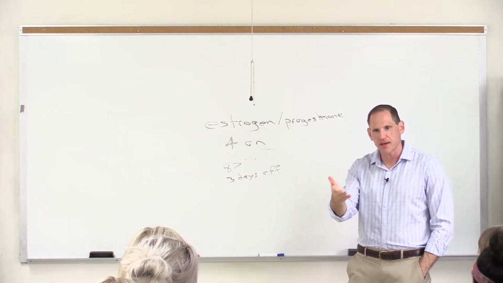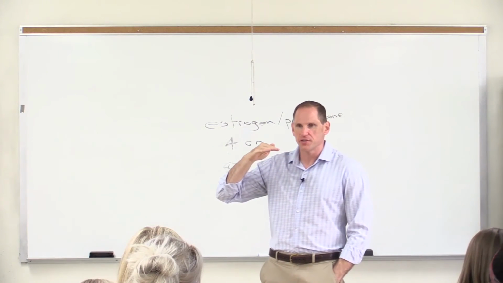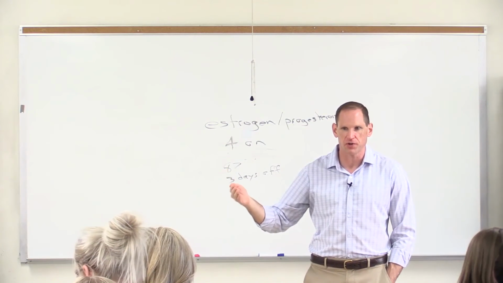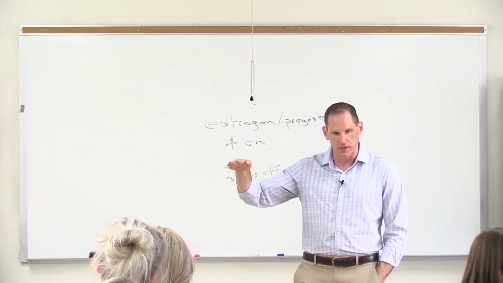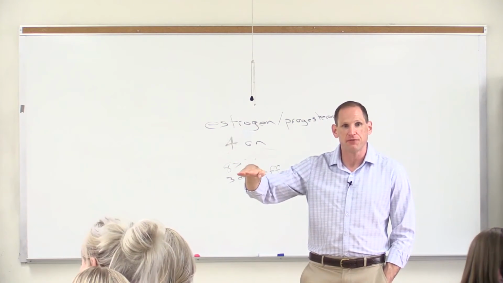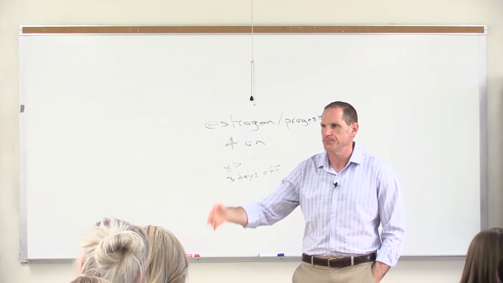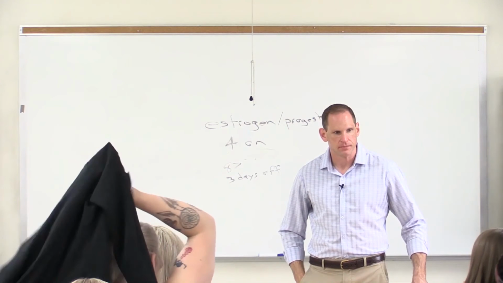Then, as you guys kept mentioning, breakthrough bleeding. There are a number of preparations of estrogen and progesterone at different levels of estrogen. You typically start at the lowest level of estrogen, and if a woman has bleeding mid-cycle, you increase it to the next dose up. Why do you have bleeding?